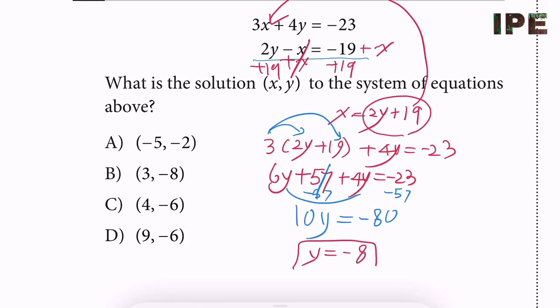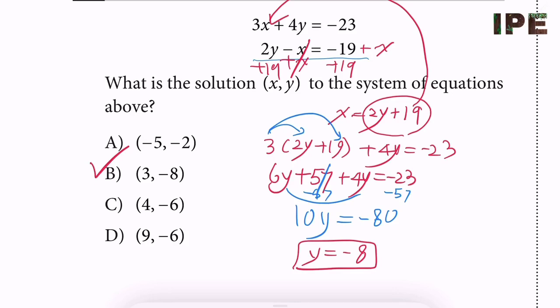You don't have to find the x coordinate because look at the choices. Only choice B has a y coordinate of negative 8. So the answer is B. But many students use the backward method. Many students plug in these numbers. For example, A has negative 5 and negative 2. Plug the x, y values into both equations.